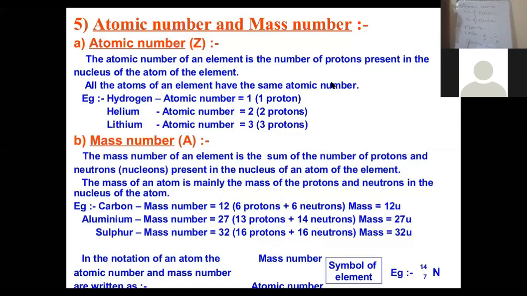And the symbol, as I've told you, is to be taken as the first letter. For example, if we talk about carbon, the first letter of the name of the element is taken as the symbol. But if one element already exists with that alphabet, then what to do? For example, cobalt: C has already been assigned to carbon.